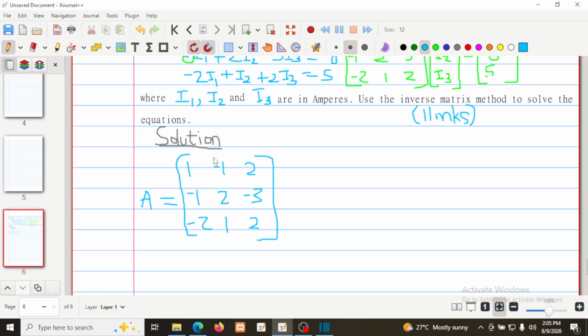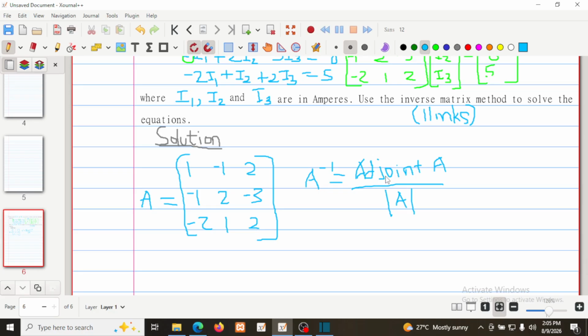So what is the inverse of a matrix? For a 3 by 3 matrix, we have the formula: the adjoint of the matrix A divided by the determinant of the matrix. So what is the adjoint of a matrix?